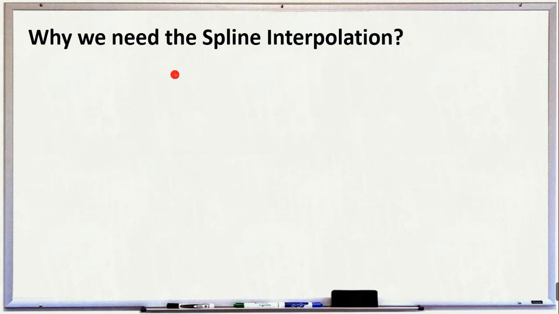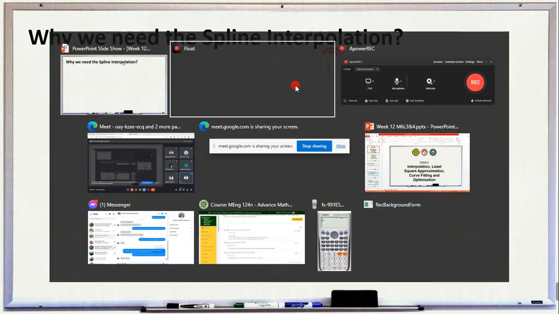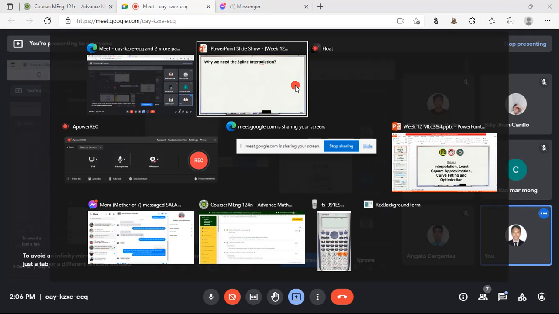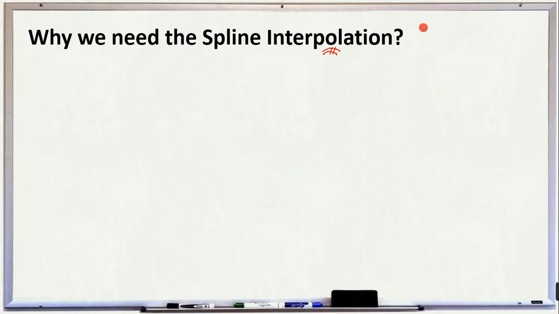So, why do we need the spline interpolation? Di ba, we discussed interpolation. So, unsa may buot pasabutan ng interpolation class? Any idea? Any idea what is interpolation? Okay, no idea.